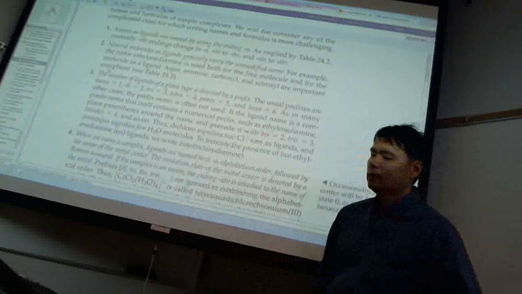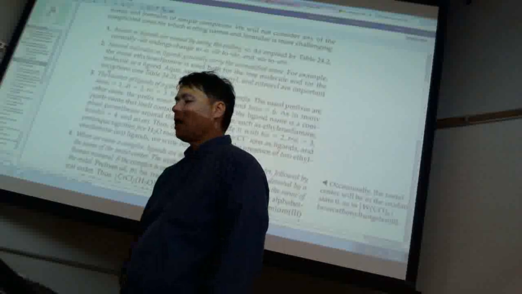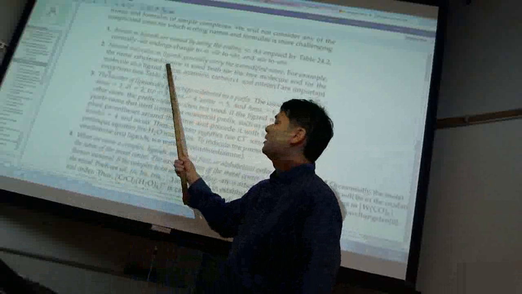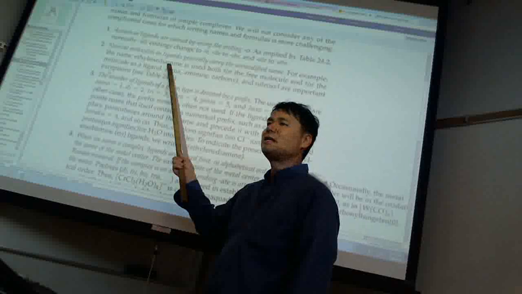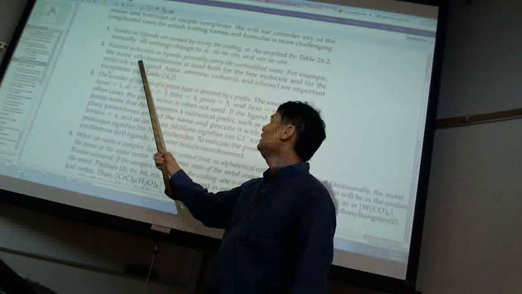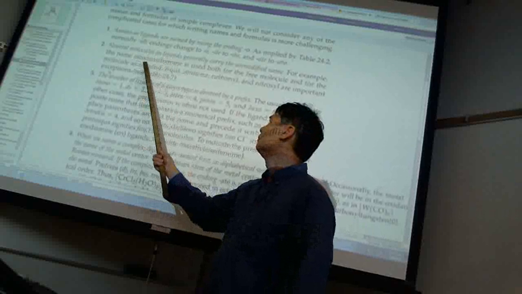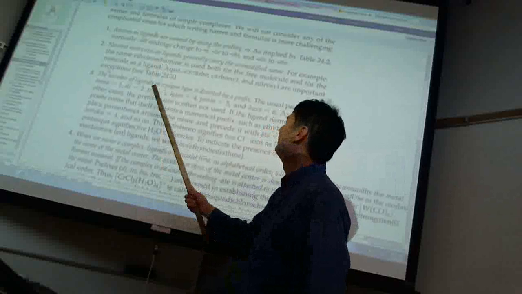Now there's a problem. Some ligands also have di in the name. Do you remember ethylene diamine? I wrote that on the board right at the end as a bidentate ligand. Ethylene diamine, because it has 2 amines attached, is just one molecule, and so the di here can be confusing.